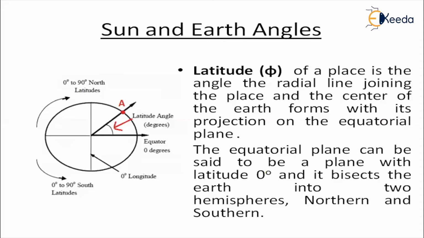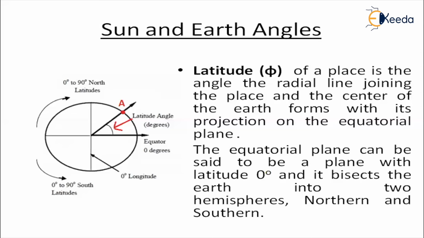Every place has a different latitude and longitude. We'll see latitude first. Phi, the latitude of a place, is the angle that the radial line joining the place and the center of the Earth forms with its projection on the equatorial plane. The equatorial plane is the plane with latitude 0, and it bisects the Earth into two hemispheres, north and south. So the equatorial plane is 0.